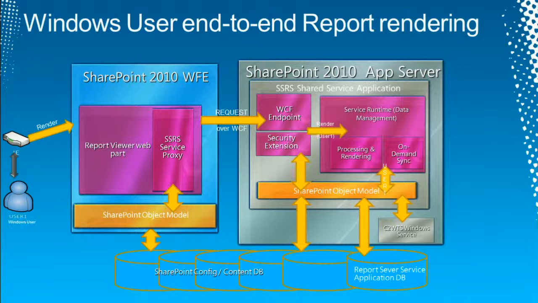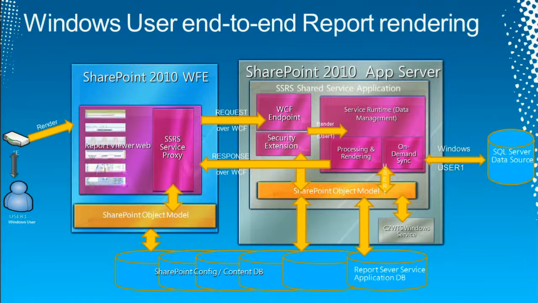It runs locally in the box. It needs to be configured along with the configuration of the SharePoint farm. This service gives us the Windows identity that we use. When I say we, it is actually the data extension. When the data extension makes the open connection call to the backend database, that is the identity it uses to actually make the connection. And once we get the data, that information is provided back to the user.